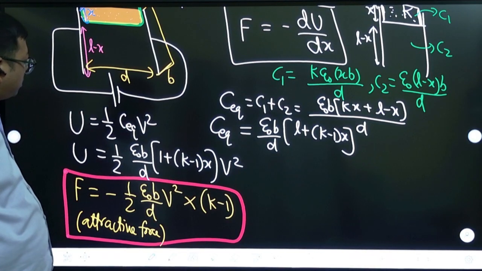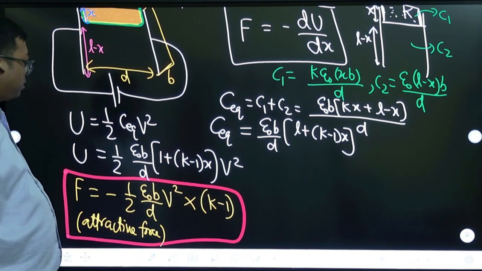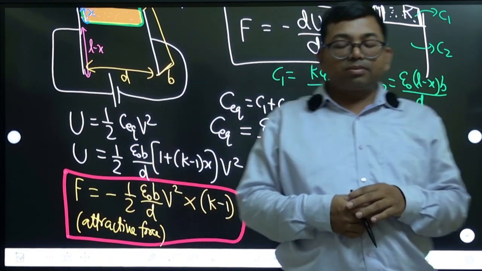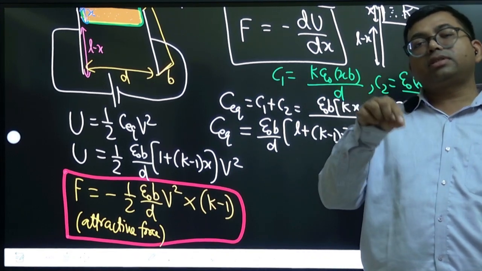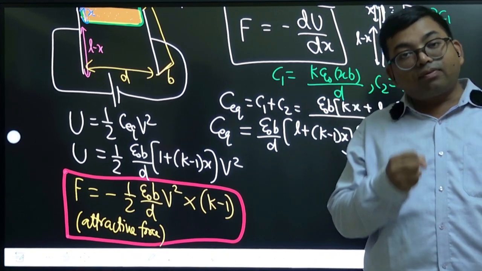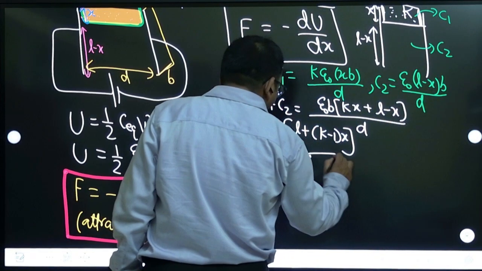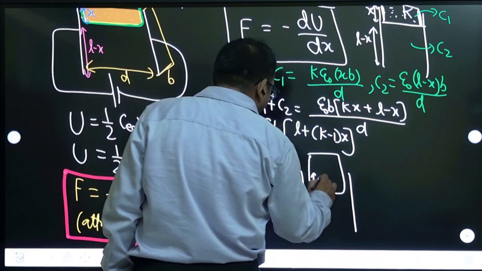B is the width. If it is a square plate, then B can be equal to L. So if you try to insert a small dielectric into the capacitor, a little bit inside, it will start feeling a force. Even x can be small also.